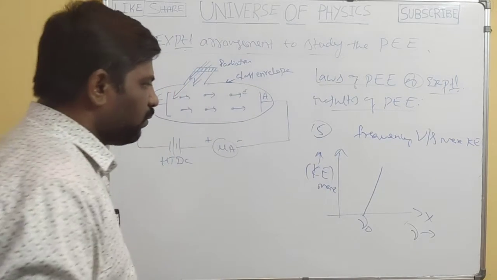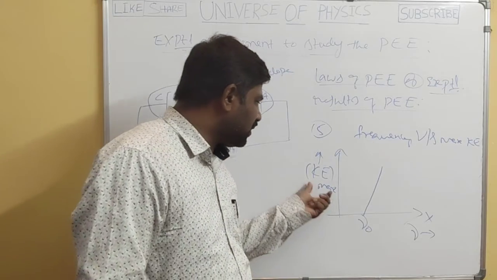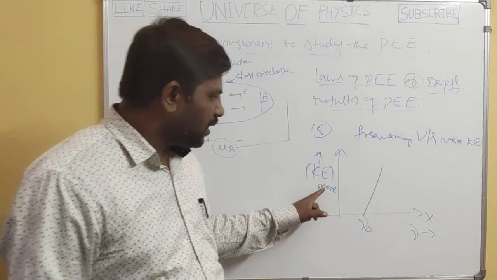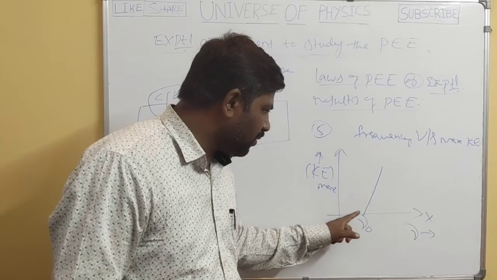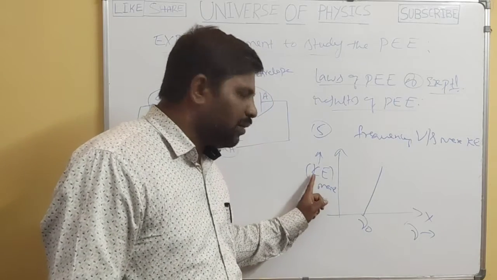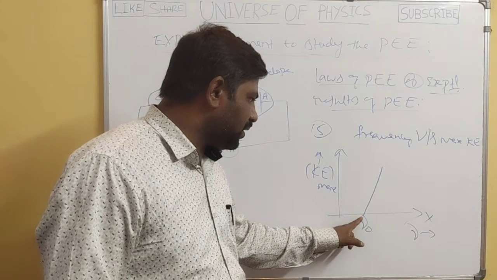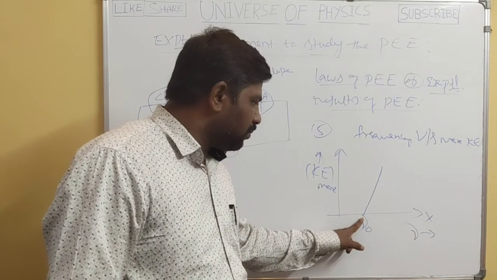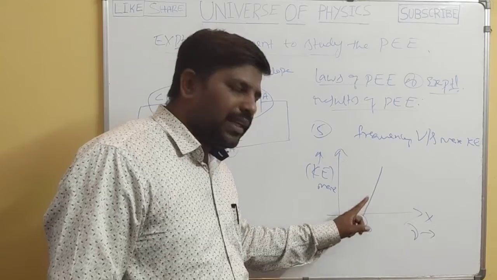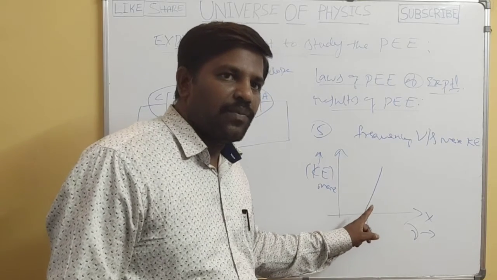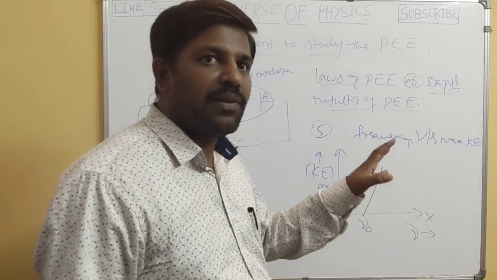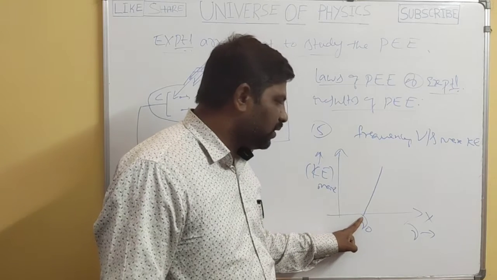If I plot a graph of frequency versus maximum kinetic energy, it is linearly dependent. That means if you increase the frequency, the maximum kinetic energy of the photoelectrons also increases, but only after the threshold frequency, because we get electrons from the metal surface only when the incident radiation possesses a certain minimum frequency.